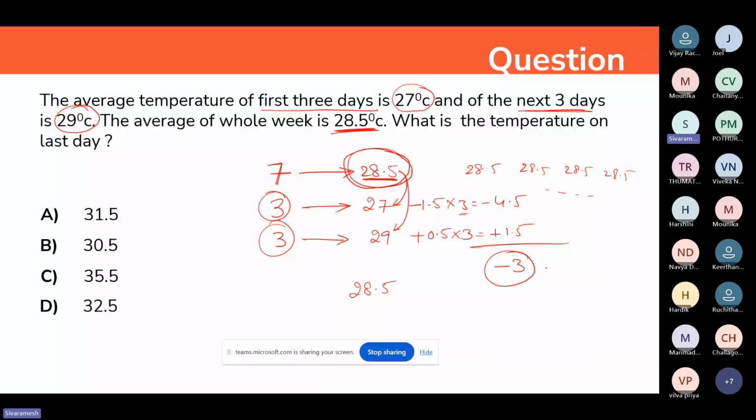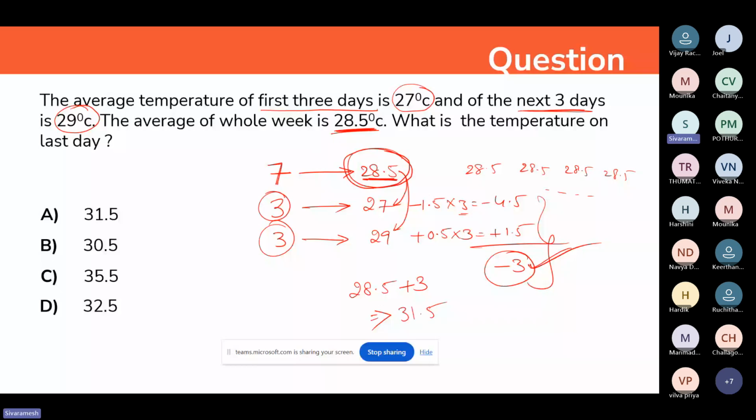It is minus 3, so to balance it you have to add 3. I hope you remember yesterday's class, with the 3 chocolates: when a new person comes, he has to bring 3 more chocolates to make it balance. In the same way here, minus 3 means we need to add 3. So 28.5 plus 3.5 is 31.5.